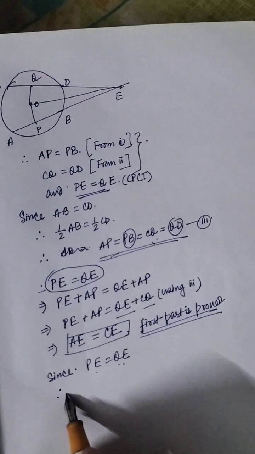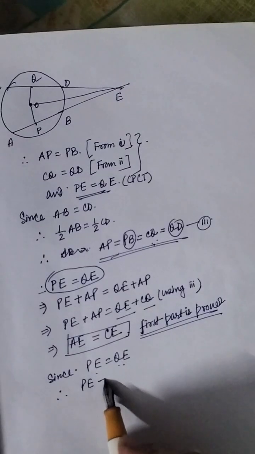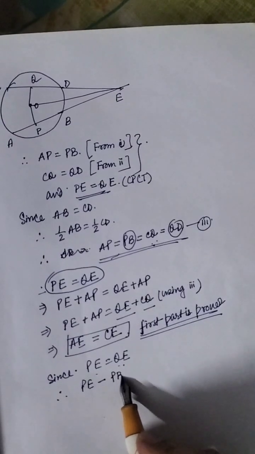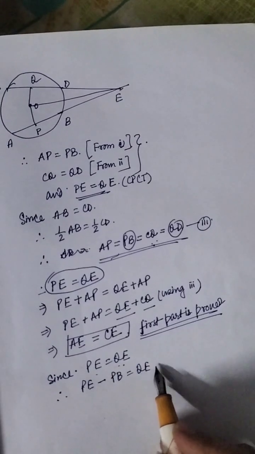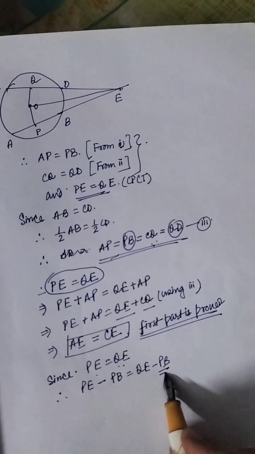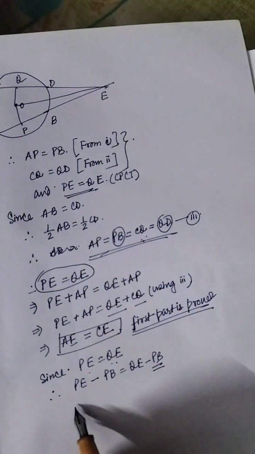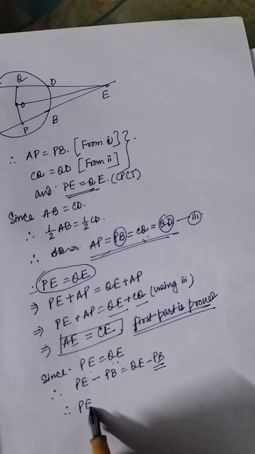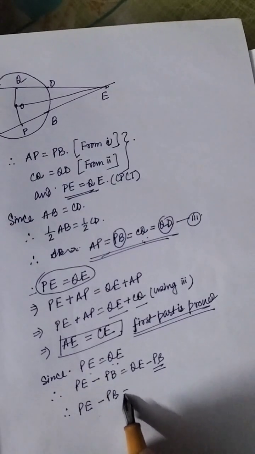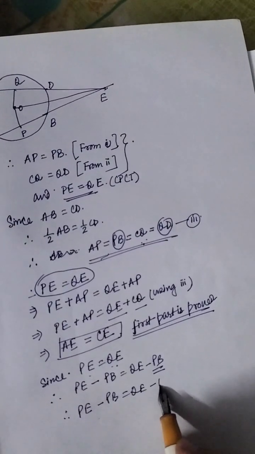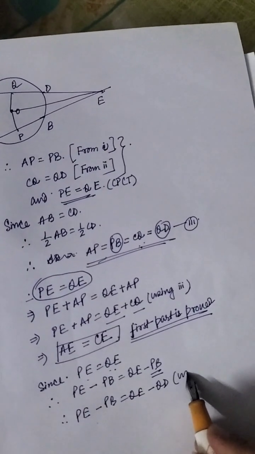So here we get PE minus PB equals QE minus PB. Now this PB can be replaced by this QD. Therefore PE minus PB equals QE minus QD using 3.